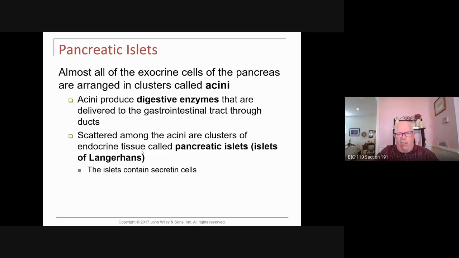This is always a Jeopardy question. If you ever watch Jeopardy, the question is, where are the islets of Langerhans? Okay? No, they're not in Tahiti. They're in the pancreas.